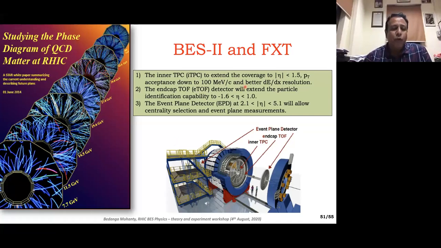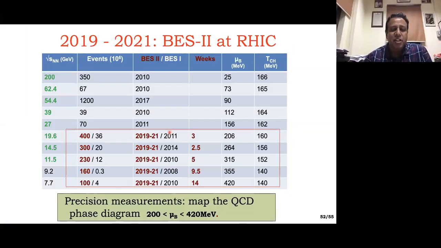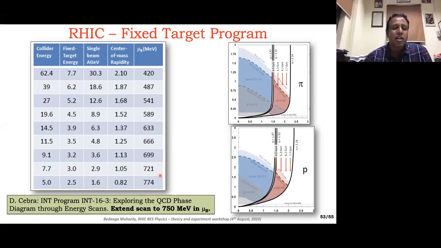We will be focusing on the lower part of the beam energy scan program, increasing the statistics by one or two orders of magnitude so that we have precision measurements in the high baryonic chemical potential region of the phase diagram. The fixed target program will extend our measurements to a strikingly large μB of about 750 MeV, making the RHIC beam energy scan program span the phase diagram to the largest range in μB by a single experiment.